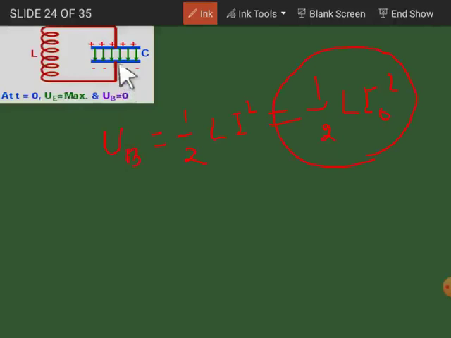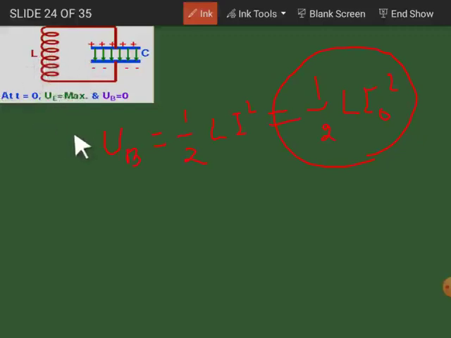So this charging and discharging is nothing but a changing of energy, from the field energy to magnetic energy, and it reverses back in that to and fro direction.